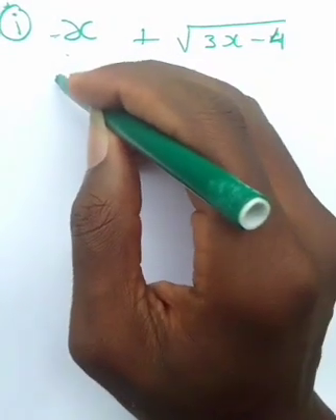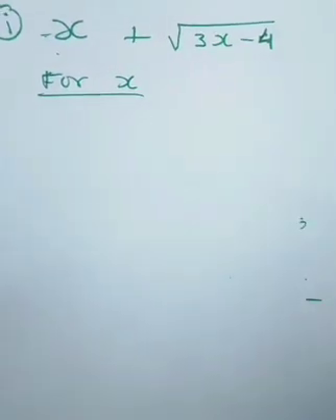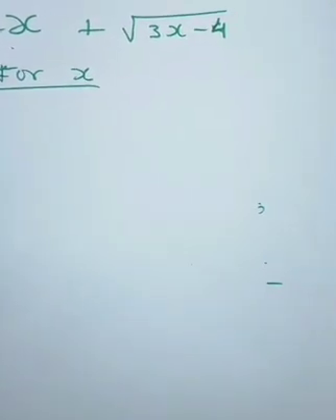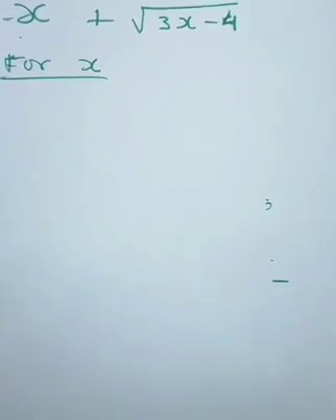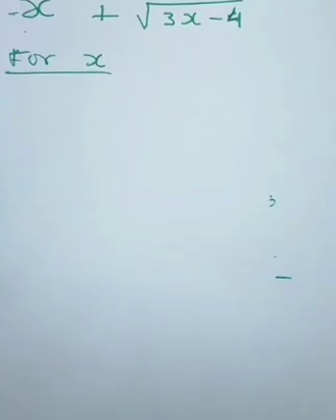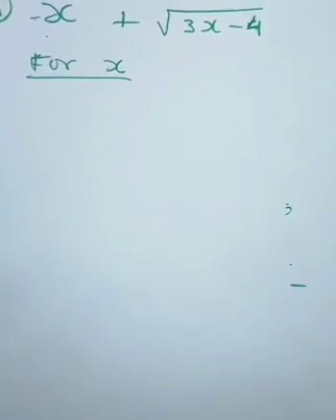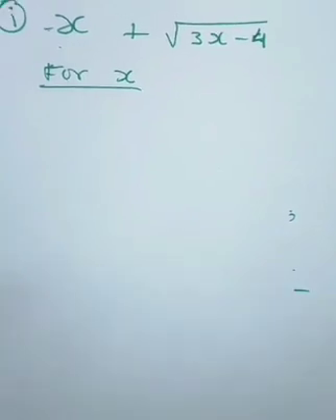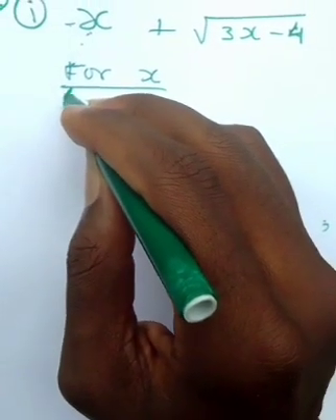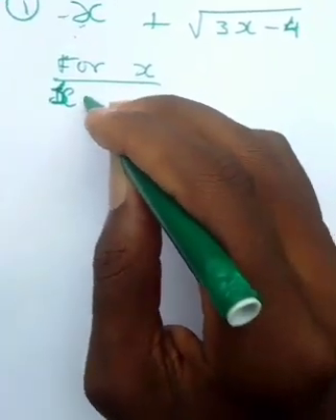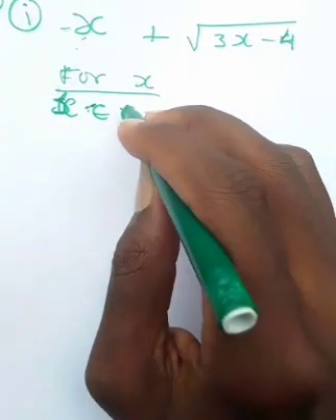So let's begin by finding the domain for x. Now x is a linear function, and trust me guys, there's a video on the A Plus Academy app where I taught interval notations, domain and range, from basic to advanced, and I explained every detail about the types of functions and how to find their domain. So this is a linear function, and the domain will always be that the value of x can be any real number.